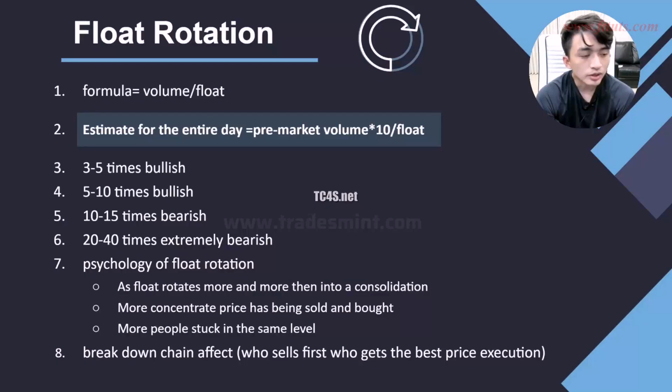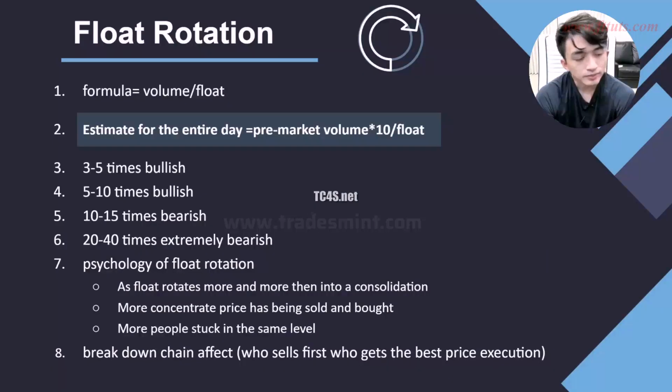Now, if it rotates 10 to 15 times or 10 to 40 times, in this scenario, if the stock is consolidating in a tight range and rotates 10 to 40 times, that's extremely bearish. 10 to 15 is bearish, 20 to 40 times is extremely bearish into a consolidation, but not in a parabolic squeeze.